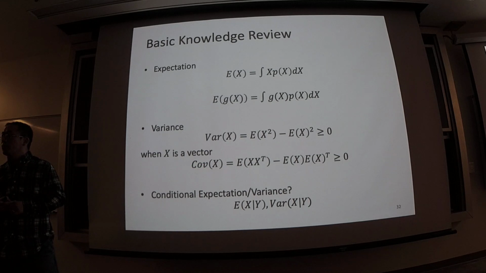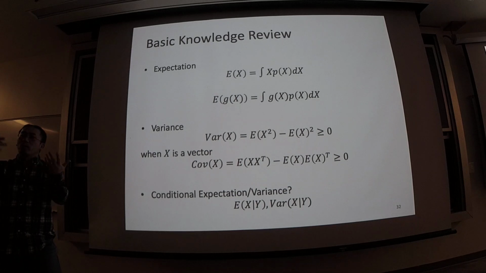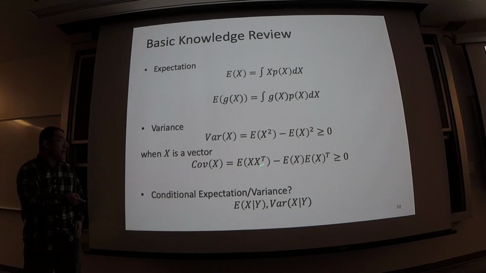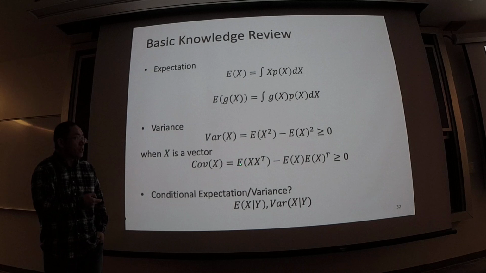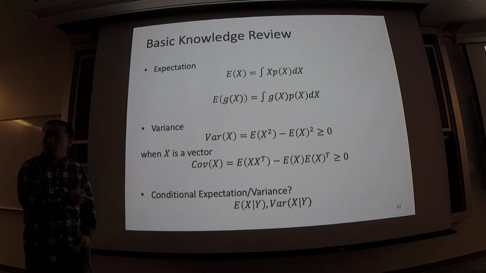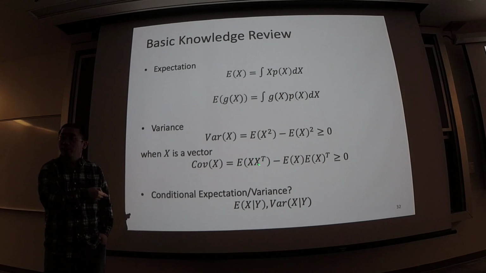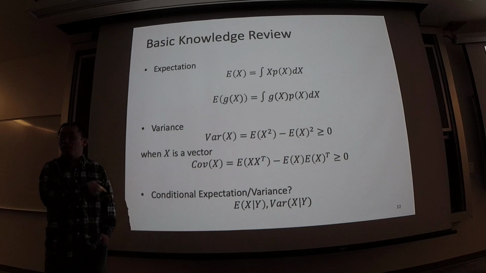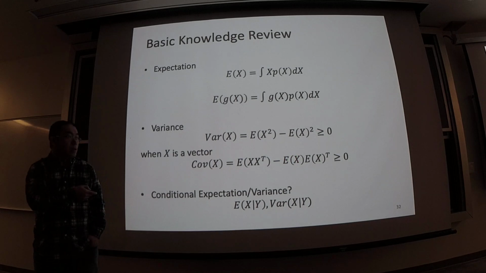So each element of the covariance matrix just means the covariance, in other words, the correlation between two elements in this random vector. And the definition is as follows. We're going to compute the expectation of x times x transpose, so the outer product of this vector. So it will be a matrix, subtracted by the outer product of its expectation vector. So this is just the definition.